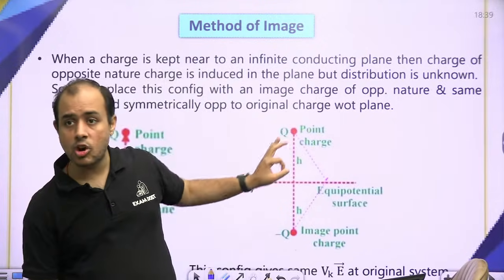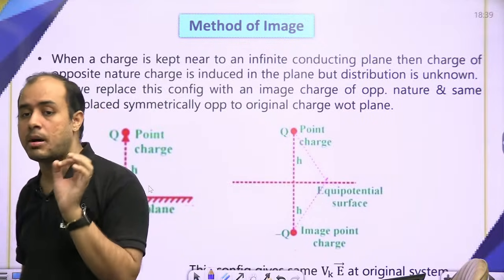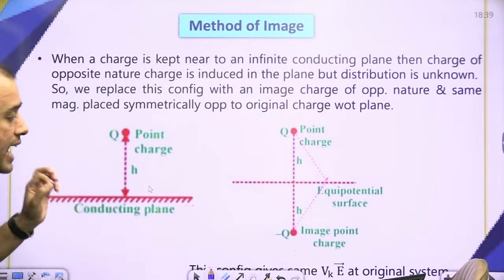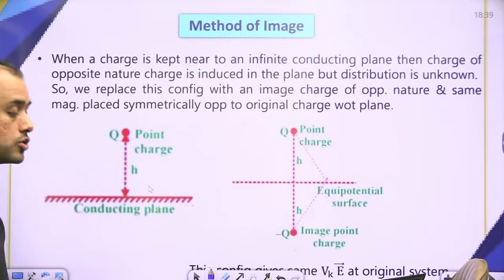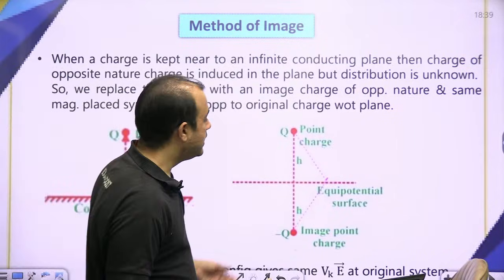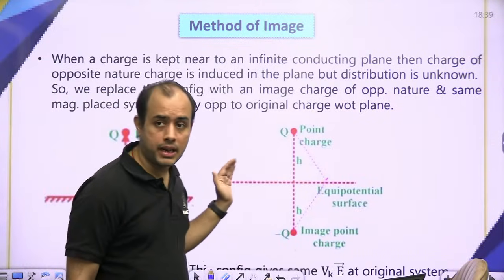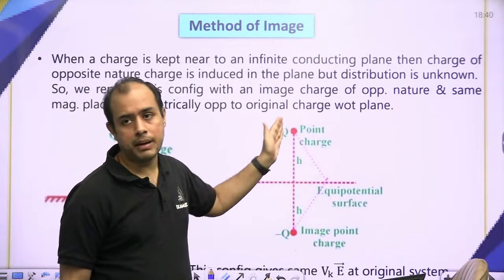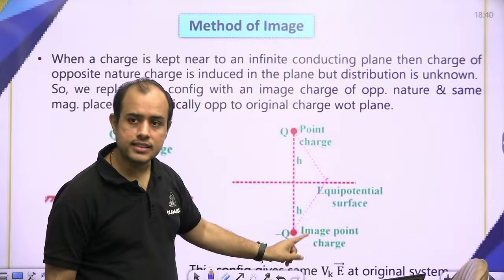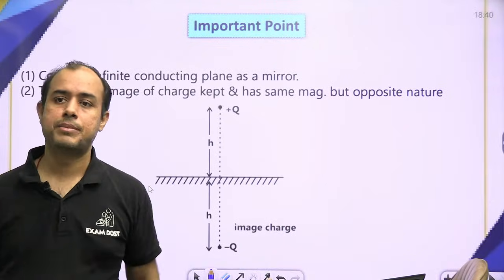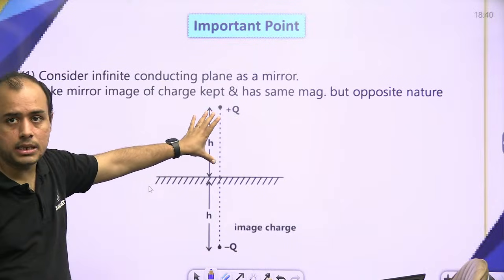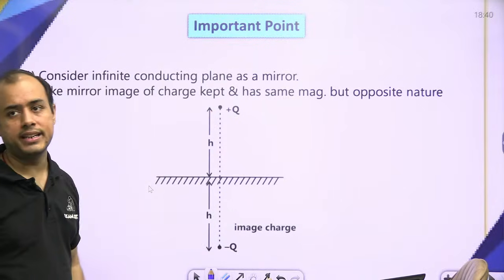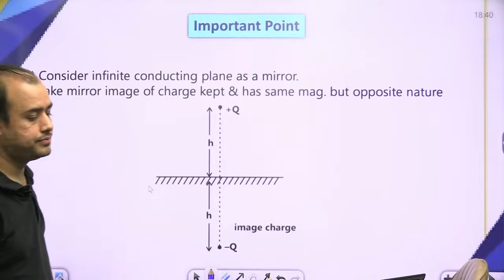Now even this configuration will give you the same amount of electric field and the same amount of potential as this configuration. So what does this help us in? We can replace this conducting plane by this configuration. This is called the image charge. So the original charge is plus q at a height h above the plane. Image charge is minus q, h below the plane.